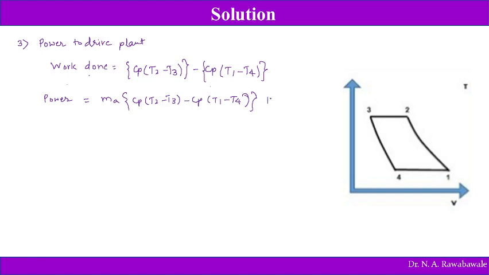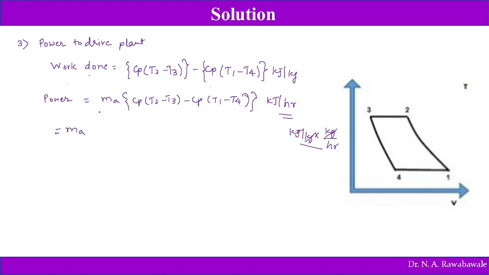The earlier expression was in kilojoules per kg, because we have multiplied by MA, this becomes kilojoules per hour. Kilojoules per kg into kg per hour, the kg gets cancelled. Kilojoules per hour is the unit of power.